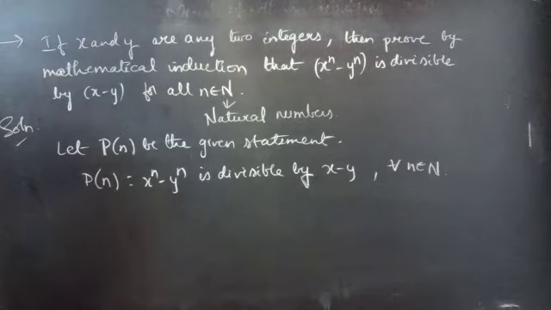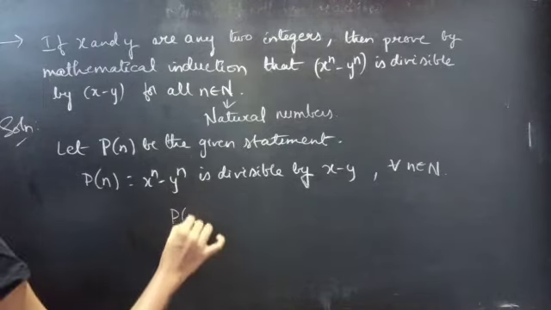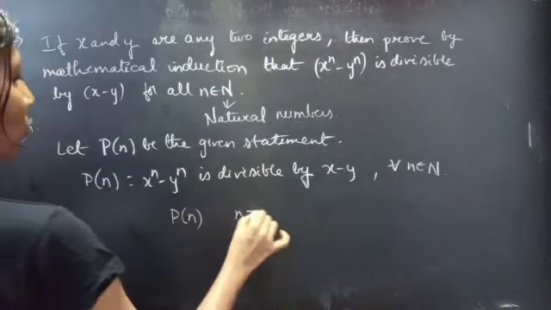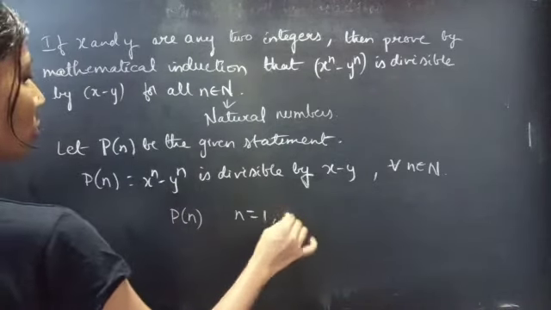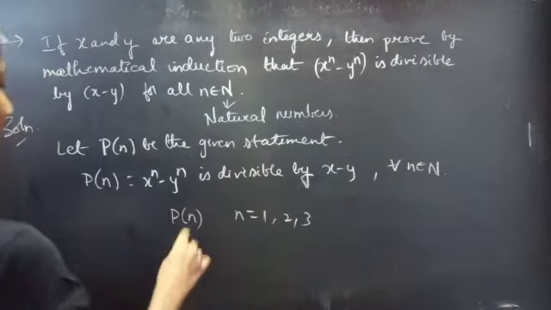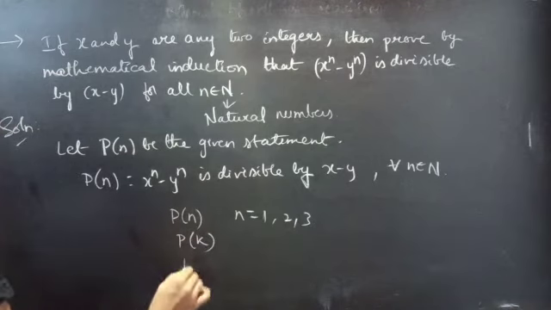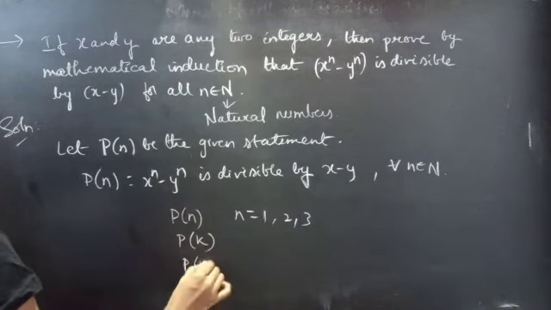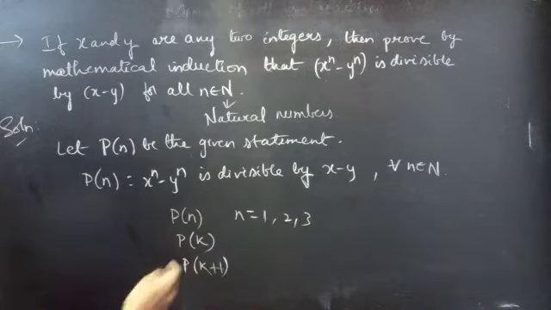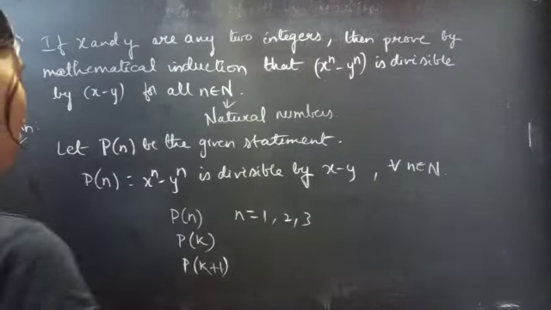So now we'll prove that the statement is true, that is P of n is true for n equals to 1. If you want, you can try for 2 and 3, and we'll assume that the statement is true for n equals to k. When P of k is true, we'll use P of k is true to prove P of k plus 1.